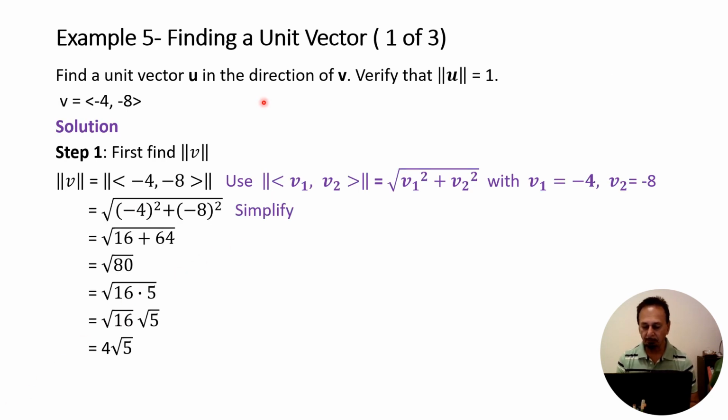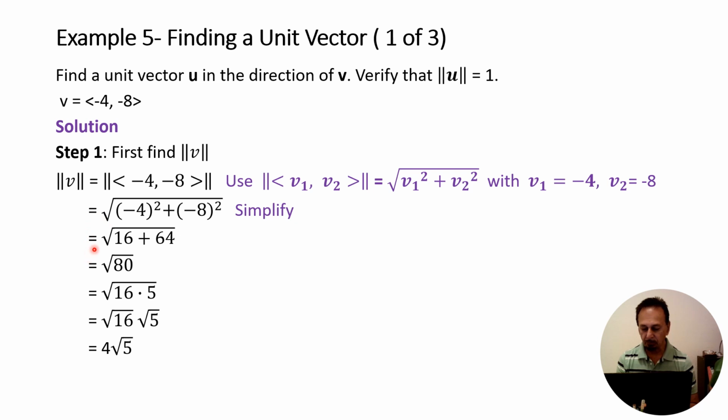So here is an example 5. Find the unit vector u in the direction of v and verify that the magnitude of the unit vector is 1. So here the vector v is given, whose components are negative 4 and negative 8. So first we're going to find the magnitude of this one, which is, you just square the negative 4 and square the negative 8 and then add and take the square root.